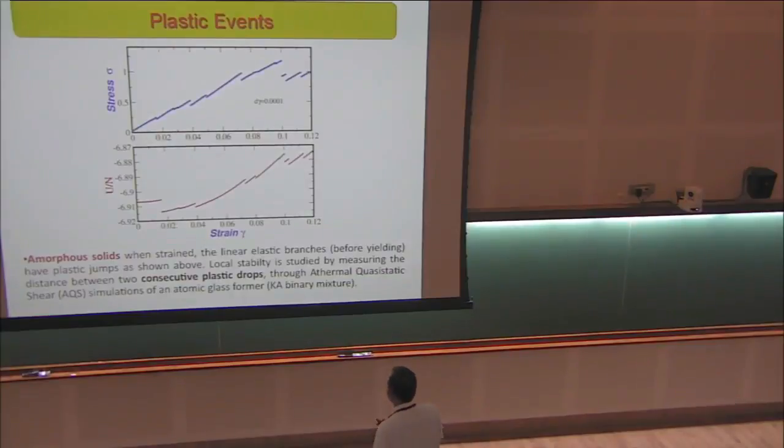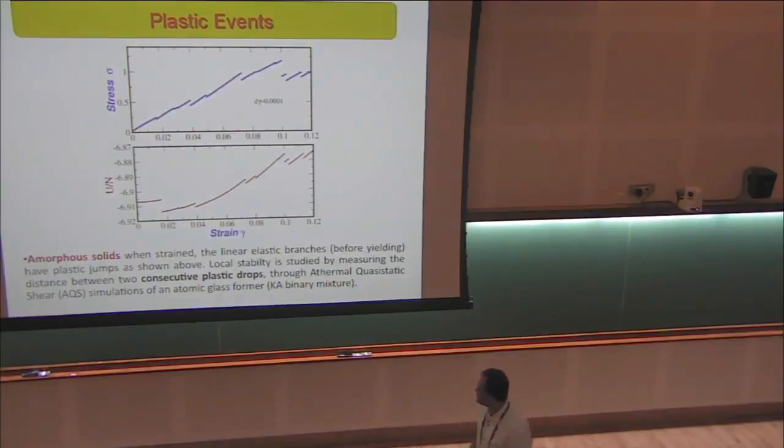Okay? And the model glass former that we'll be studying in 3 dimensions is what Pinaki mentioned in his talk a little while ago. I won't say too much more, but this is just to give you an idea of what one is looking at. So as a function of the application of strain, we have the stress in the system increasing in linear branches, which are linear elastic branches, interrupted by these discontinuous changes.